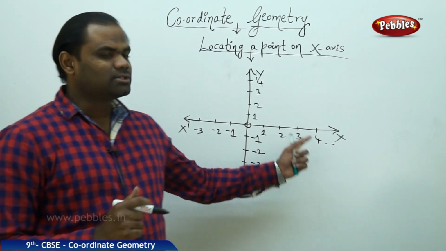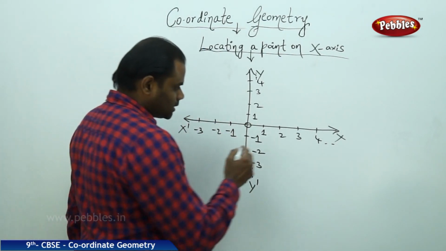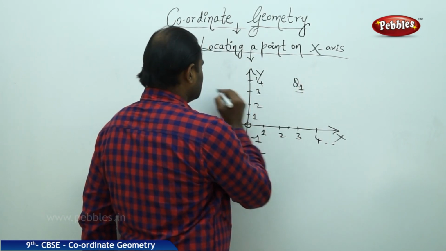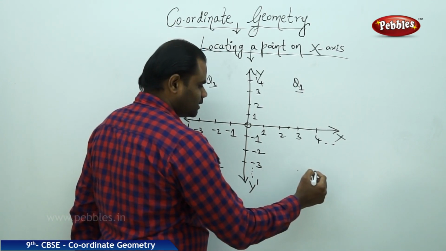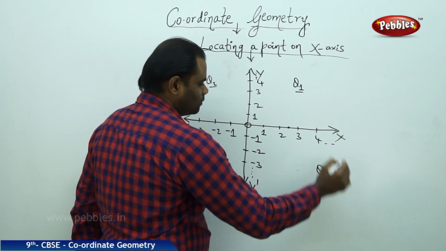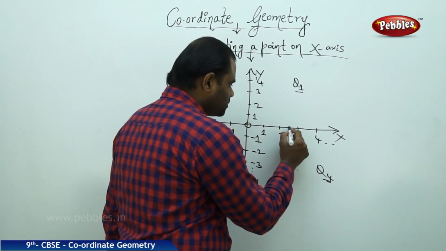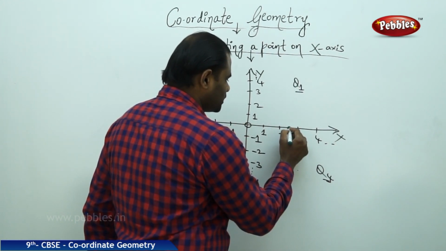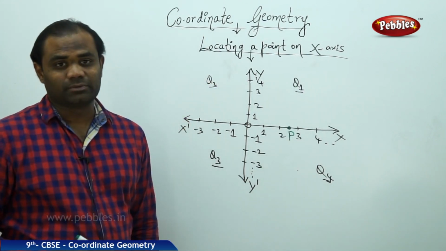Now I have these points located out here in the Cartesian plane. Now I wanted to locate a point exactly out here. Here lies Q1, here lies Q2, here lies Q3 and here lies Q4. Now here the question is to locate a point P at this region. So how do I locate this point P exactly in between?